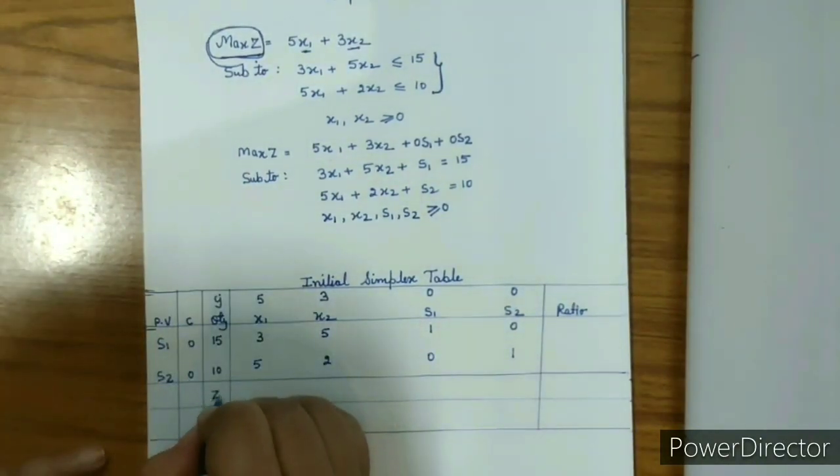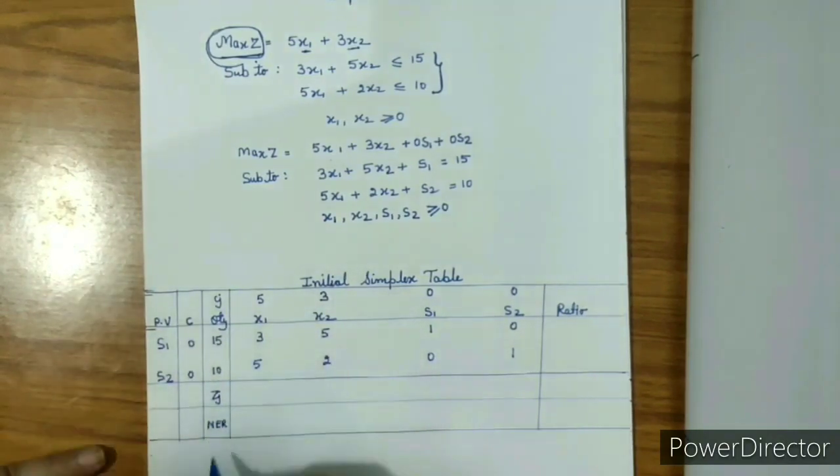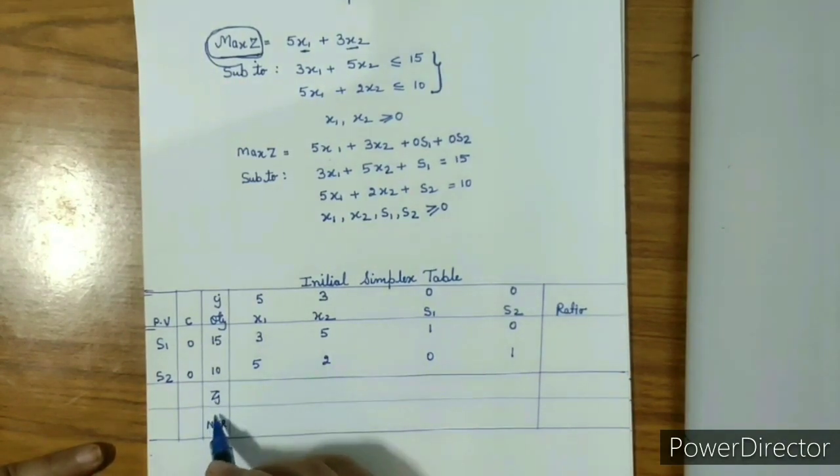Calculate ZC and NER. NER stands for Net Evaluation Row. Now, the question is how we compute ZC.